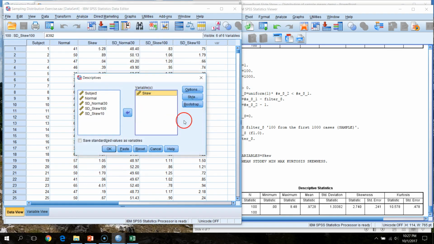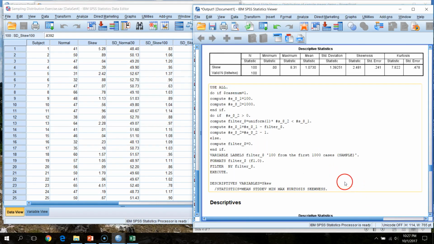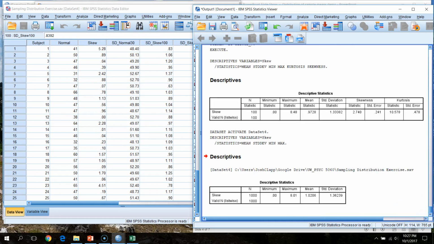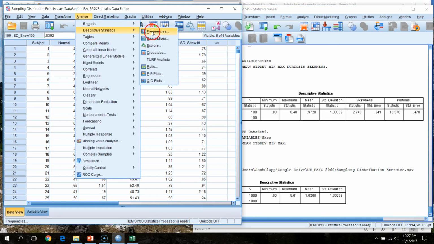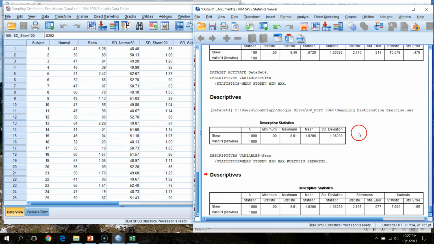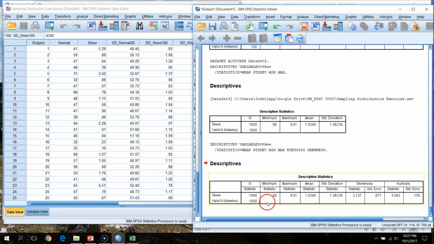And so if we take a look at the skewed distribution once again, okay, we've got our skewed distribution here, 1,000 scores in the population. We've got a mean of our skewed variable of 1.02, standard deviation of about 1.3, okay.